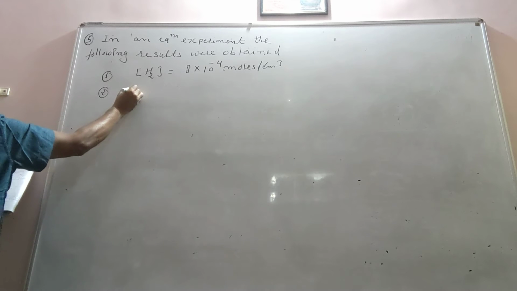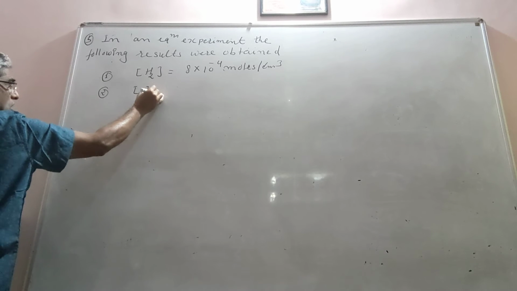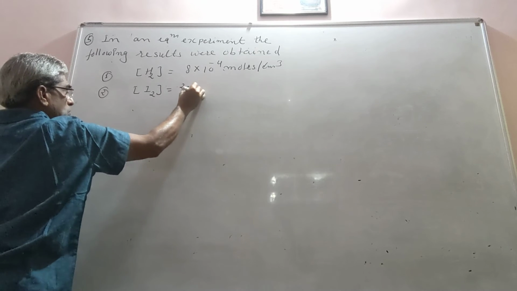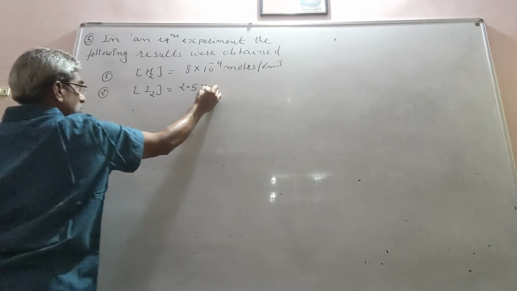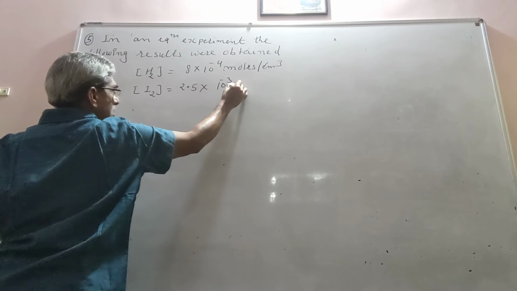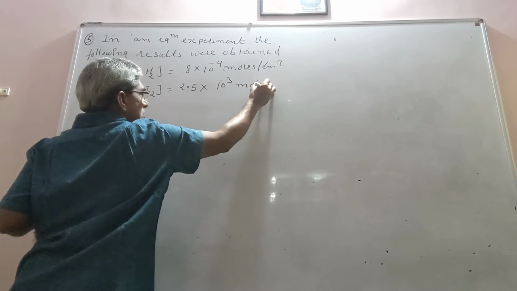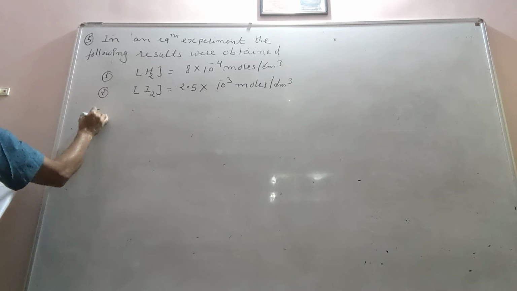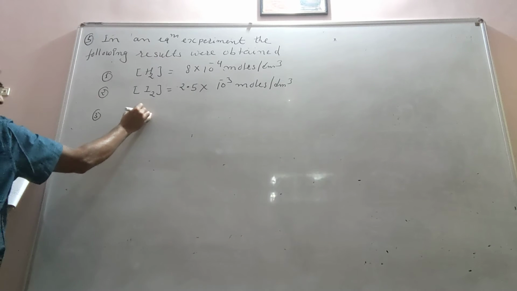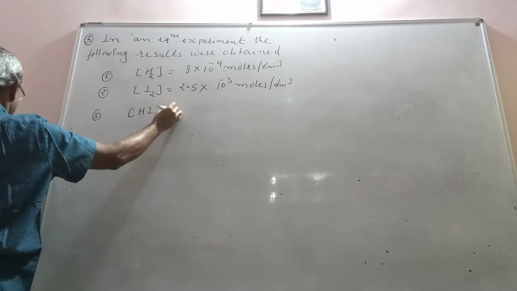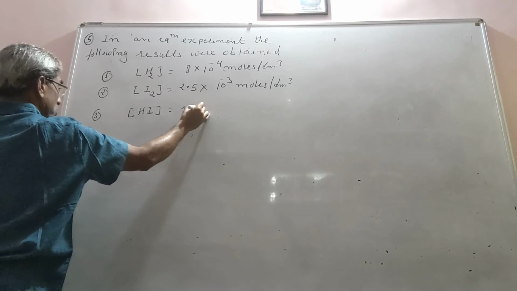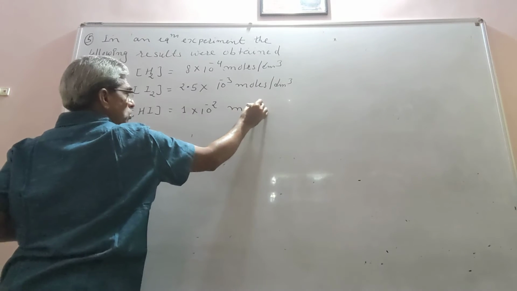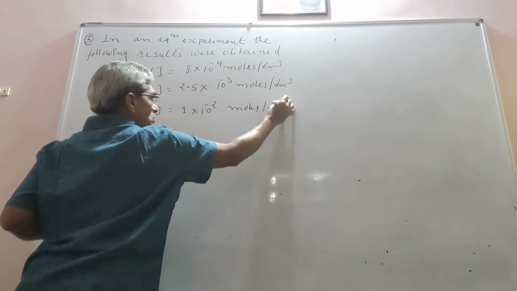Result number 2, concentration of I2 equal to 2.5 into 10 raised to minus 3 moles per dm cube. And third, concentration of HI equal to 1 into 10 raised to minus 2 moles per dm cube.